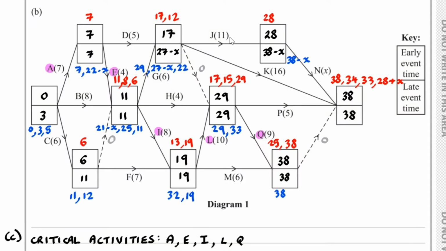So if we take a look at activity J, which is this activity here, we can work out the float time by working out 38 minus X minus the 11 minus the 17. The difference between these will equal the float.